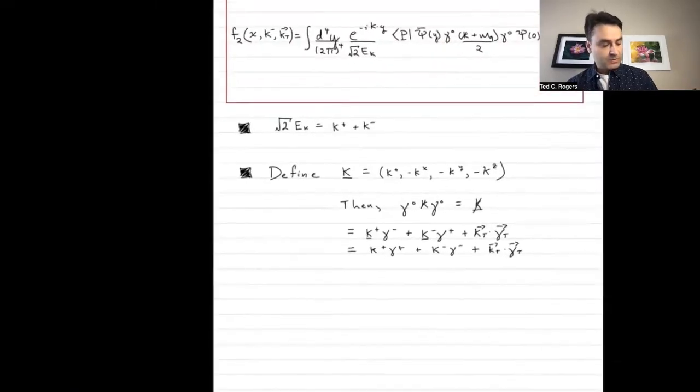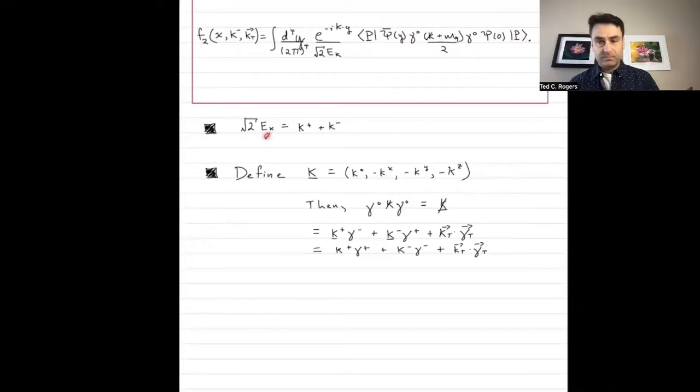So the first thing is to note that the energy of a particle times square root of 2 is equal to the sum of the plus and minus components, just following from the definitions. If there's anything here that isn't immediately obvious, maybe pause and check for yourself.